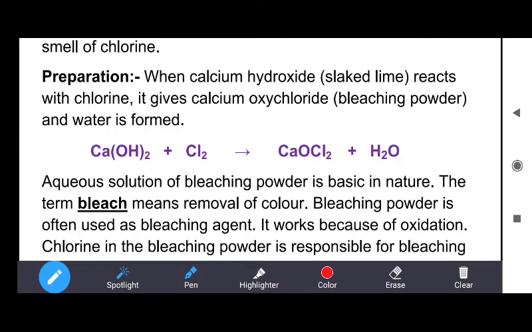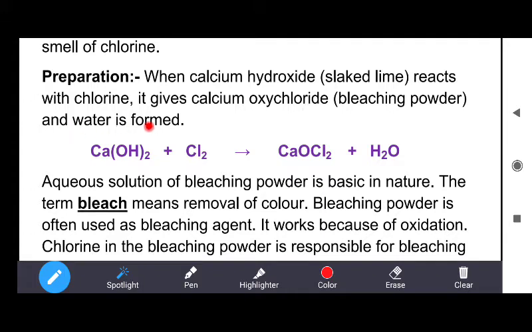Now, the preparation. How can you prepare bleaching powder? When calcium hydroxide, Ca(OH)2, also known as slaked lime, reacts with chlorine, then it gives calcium oxychloride, which is known as bleaching powder, and water. I told you the chemical name of bleaching powder is calcium oxychloride.